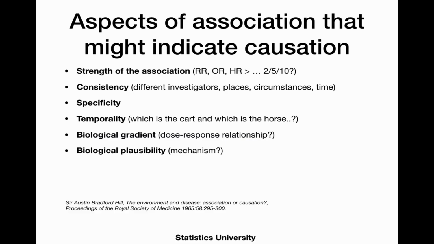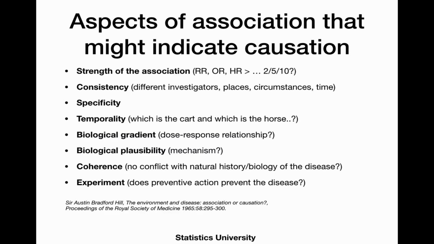Then the biological plausibility. If there's a known or understood mechanism, then that obviously supports the plausibility of cause and effect. Coherence. So if there's no conflict with natural history or the biology of the disease, then that supports a cause and effect relationship.